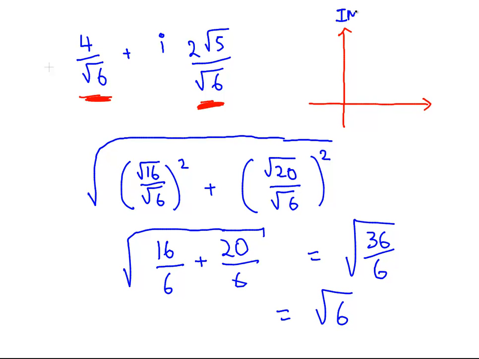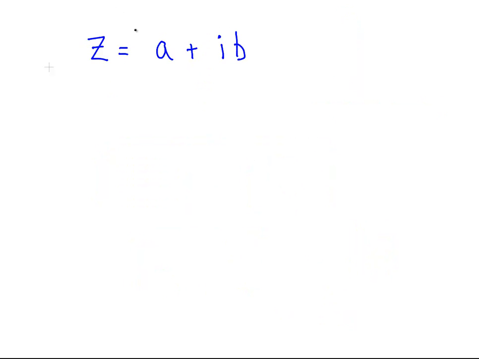This is the first, second, third, and fourth. If they were in the third or fourth, or any other ones, you have to be a bit more careful, particularly if they were in the third quadrant. But no, they're in the first quadrant. Both a and b are positive numbers, so this is a very straightforward operation.